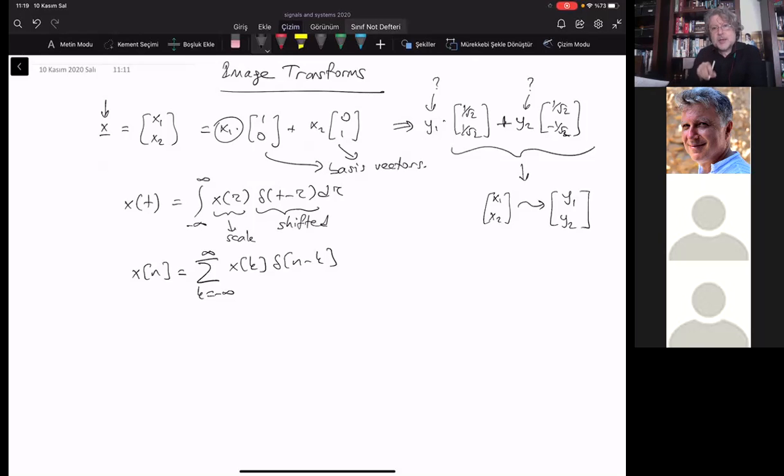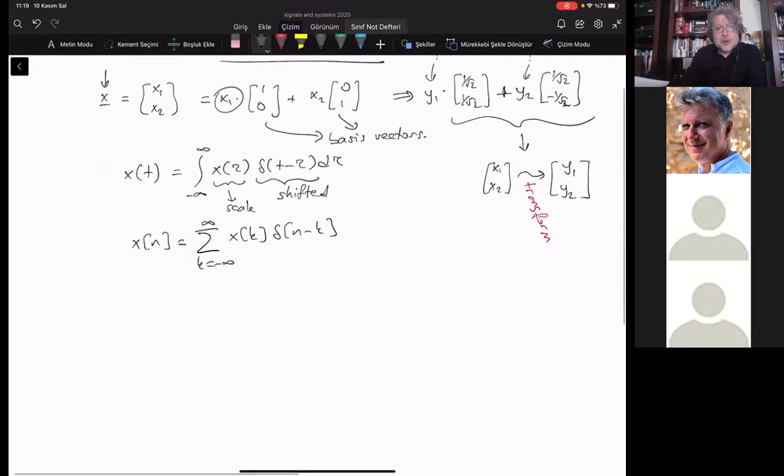So from x1, x2 to y1, y2, this link is the transformation. This is the transform that we're talking about. And image transforms, everything, including the Fourier transform, the famous, celebrated Fourier transform, is nothing different from this one.